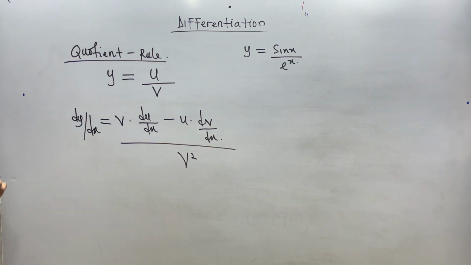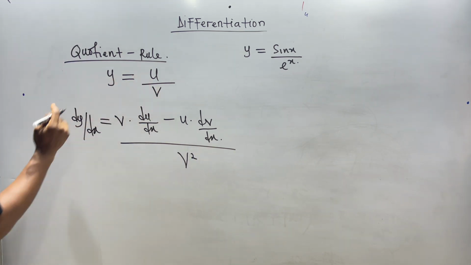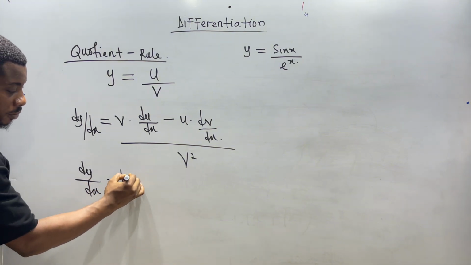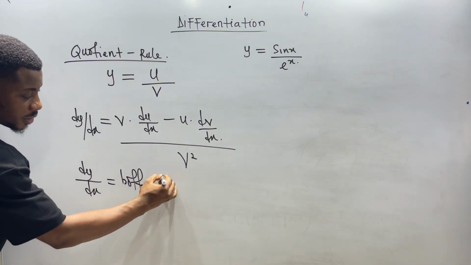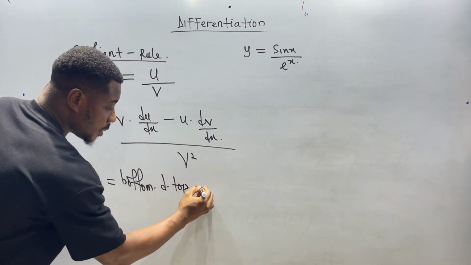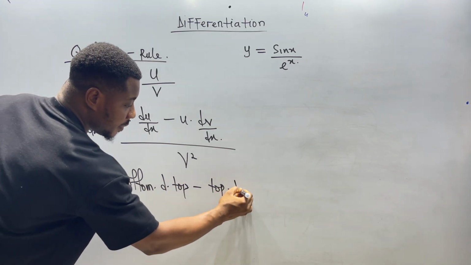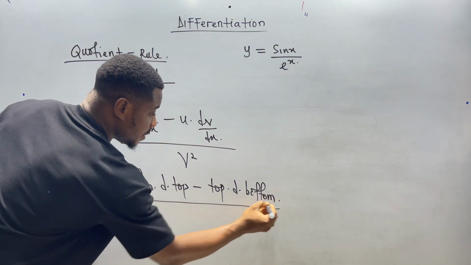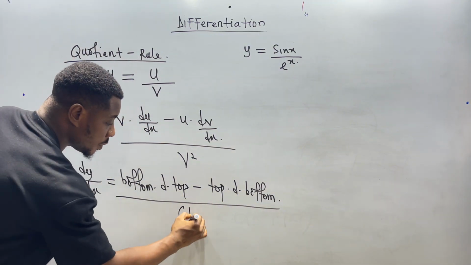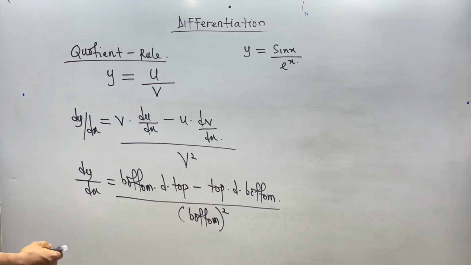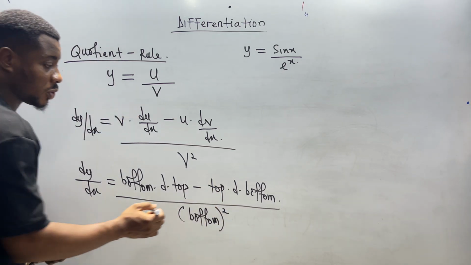Now, for short, you could do it this way: the derivative is bottom times the derivative of the top, minus top times the derivative of the bottom, divided by bottom squared.